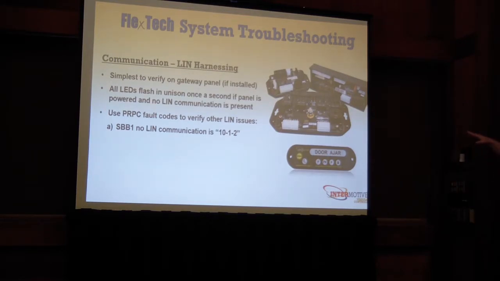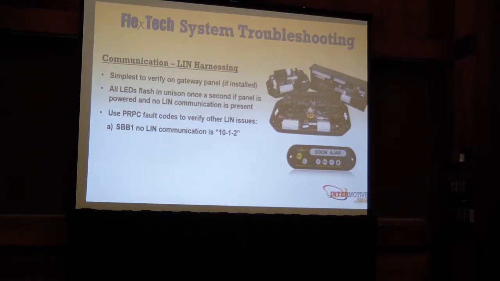If you look at the panel and you see that all of the LEDs are flashing in unison about once a second, that indicates that the panel is powered, but it has no LIN communication. So you're probably getting 12 volts, 5 volts, and ground on that 4-wire LIN cable I was talking about, but your LIN wire itself is not getting there.